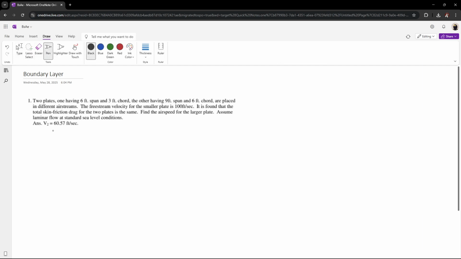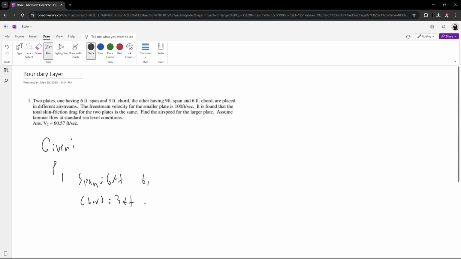So first, we do the given. We have span 1, plate 1. We have a span of 6 foot, and the chord of 3 foot.